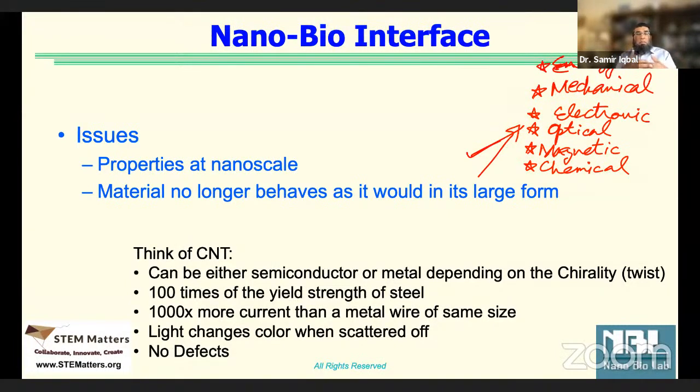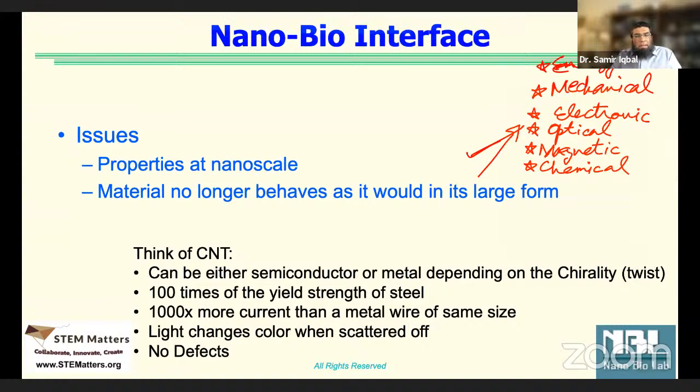But on the bio side, we have proteins, we have some fluorescent molecules where the fluorescence intensity can change very easily given the change in ionic concentration, given there is a reaction, given there is a molecular binding. So a whole lot of things which are different.